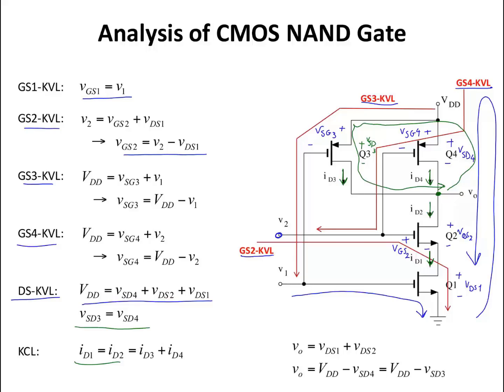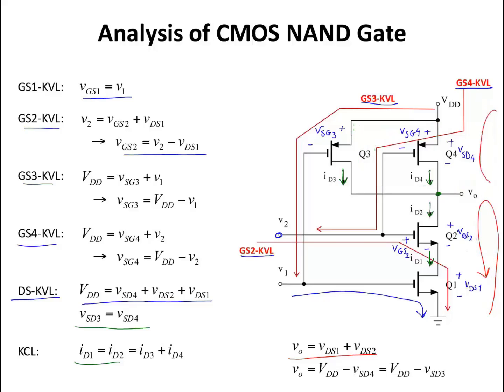In terms of the output voltage, I can use this loop in here, and that tells me that Vout equals VDS1 plus VDS2, or I can use this other loop to write that Vout equals VDD minus the voltage of source to drain of transistor 4, which is the same as VDD minus VSD for transistor 3.